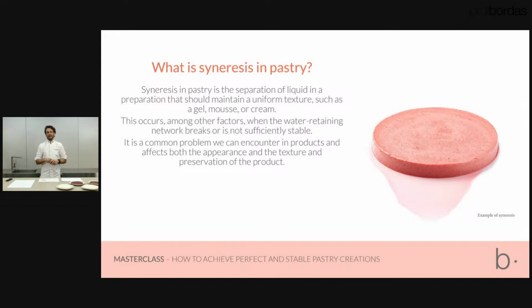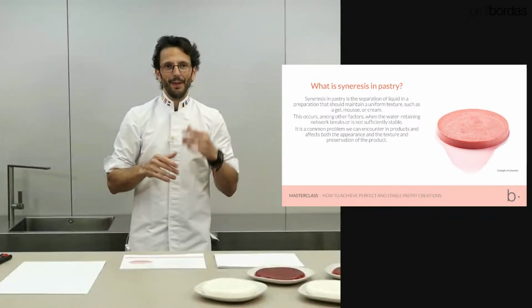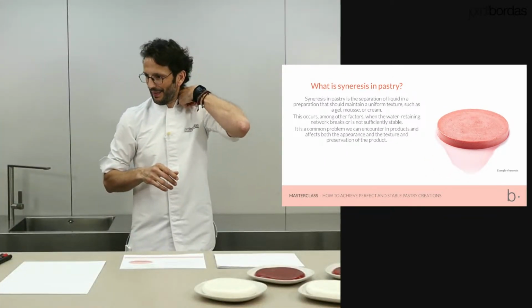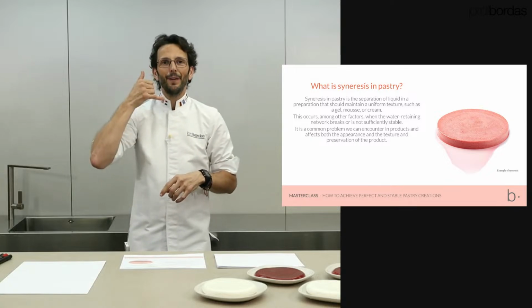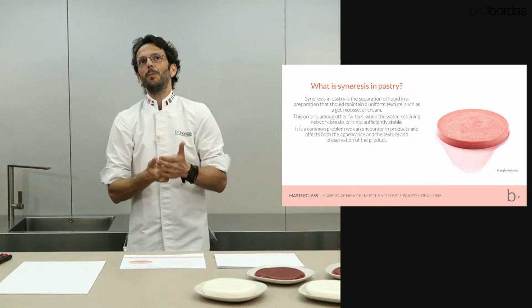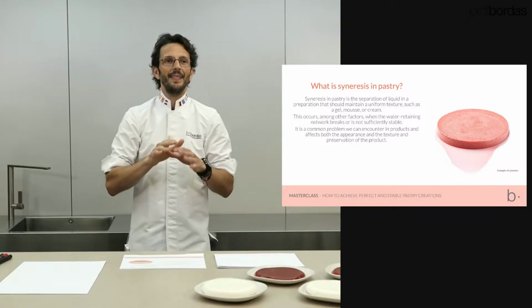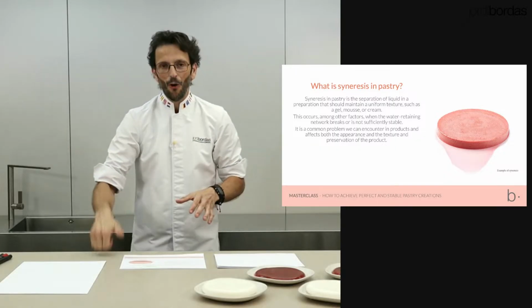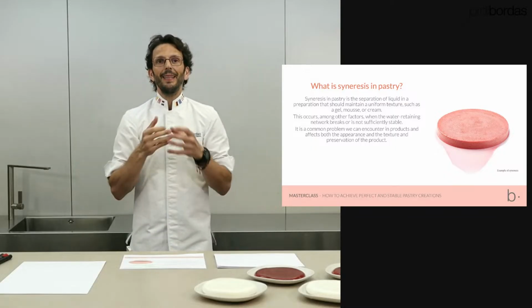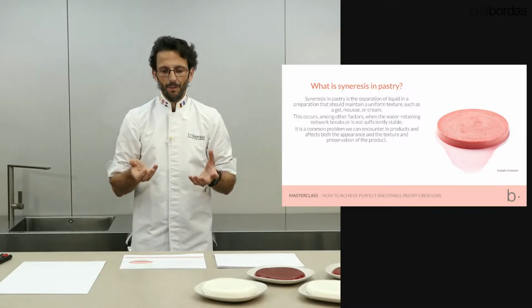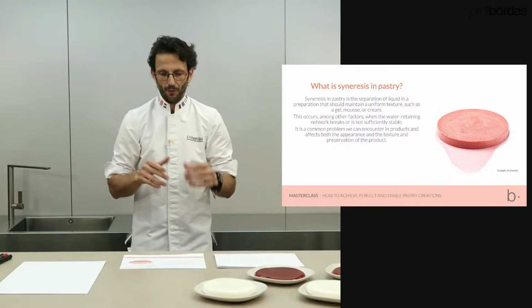I always explain at the beginning of my presentations that I had this problem of syneresis, and my friends told me, put more gelatin, Jordi, put more gelatin. But gelatin is not the solution. Gelatin only increases the texture, and we lose the experience, but the stability doesn't come from here. It's not the perfect solution.